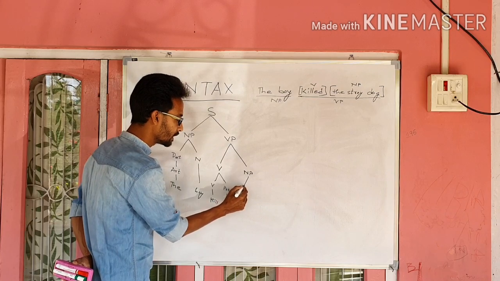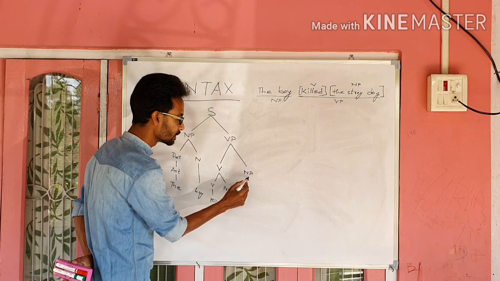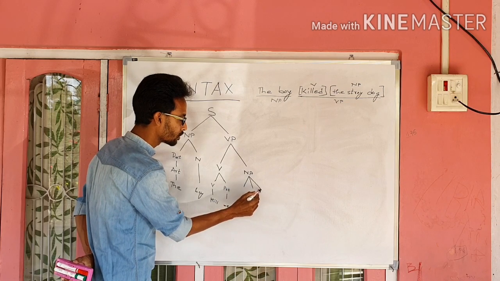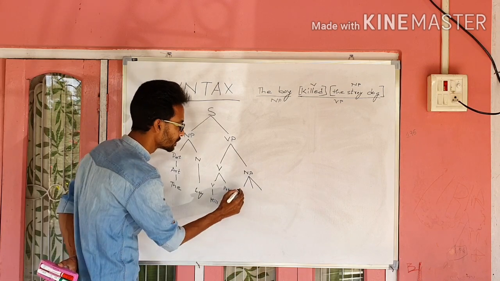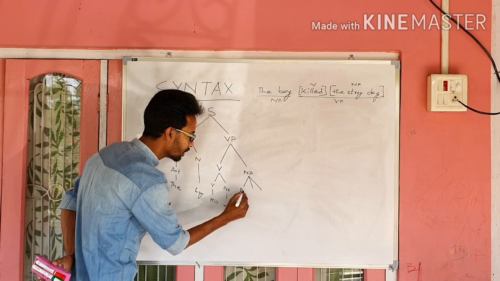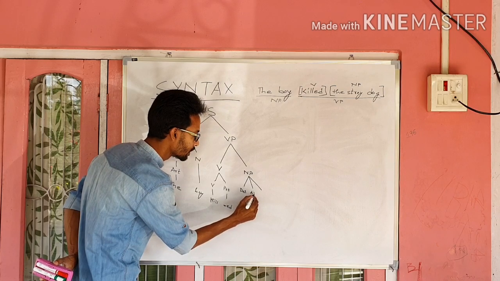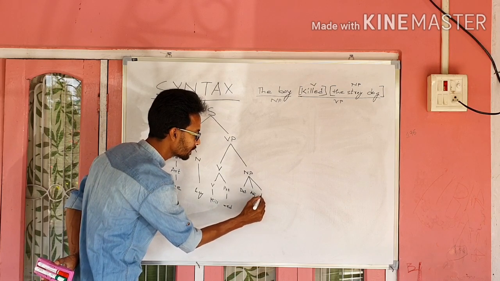The NP is divided into three, that is a determiner, adjective and a noun.